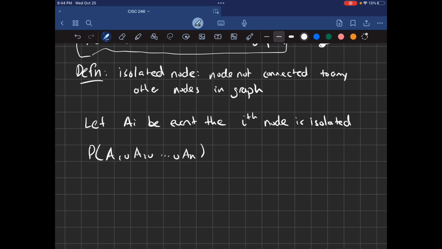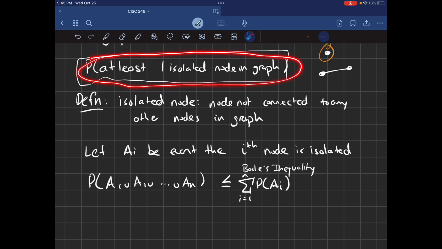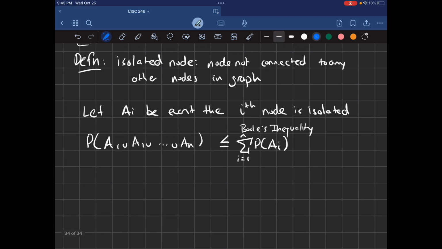And by Boole's inequality, we know that that is less than or equal to the sum of i equals 1 through n, probability of A_i. All right, so our goal may be not to be calculating exactly what this probability is, but at least give an upper bound on it. Okay, so an upper bound meaning that it's less than or equal to or at most.